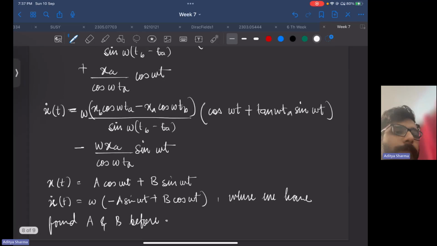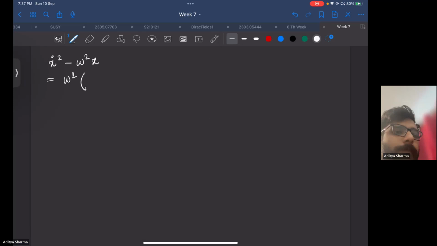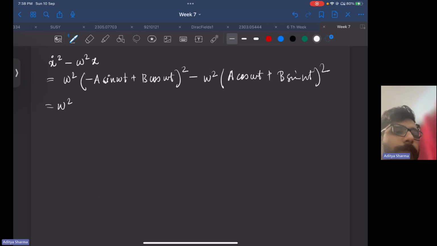In this case, x dot square comes out to be omega square minus A sin omega t plus B cos omega t square, omega square A square sin square omega t minus cos square omega t plus B square cos square omega t minus sin square.